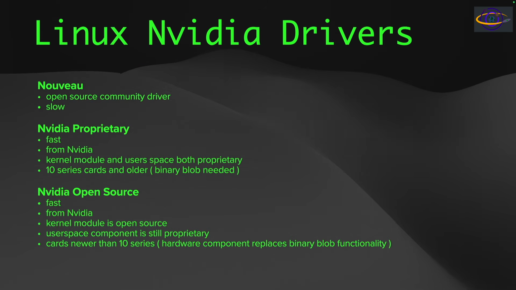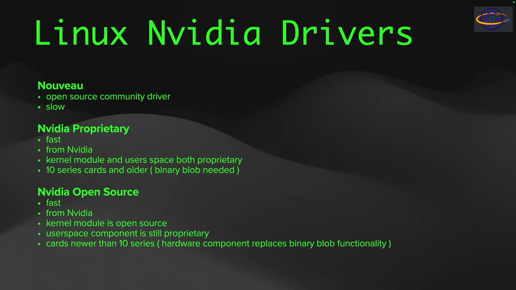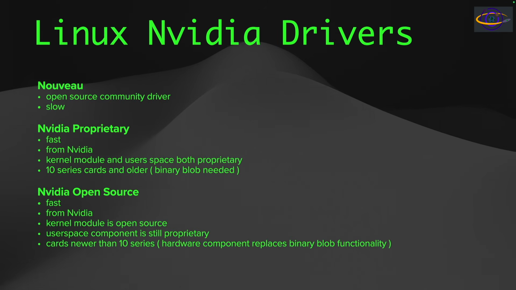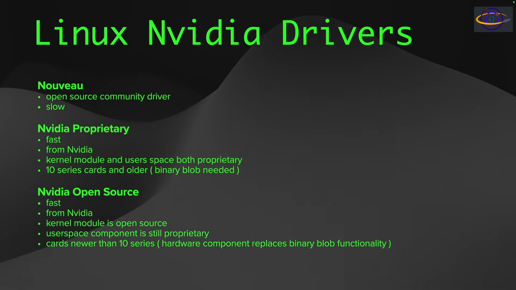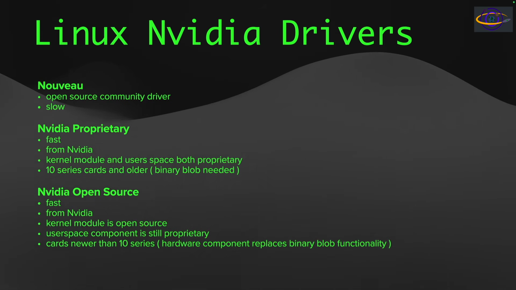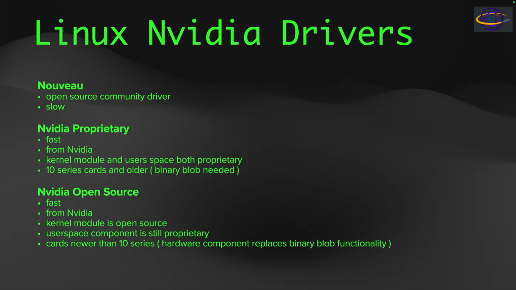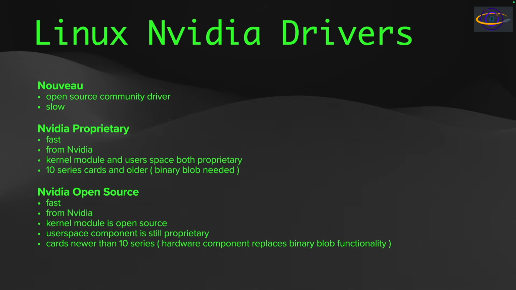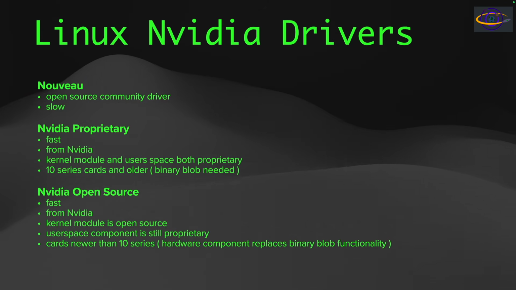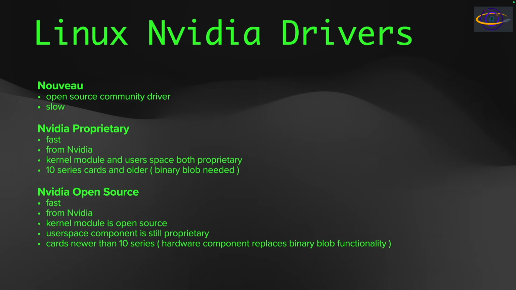And for a while, these first 2 drivers were the only 2 drivers out there. There was the community driver and Nvidia proprietary. Well, what happened was, after the 10 series, a new series of cards came out, and every card after that had some of that functionality built into the card, built into a component on the hardware. And so since that trade secret technology is built into the card, they were able to open source the rest of the functionality in the driver. So Nvidia themselves came out with an open source driver, and at first it was not recommended.